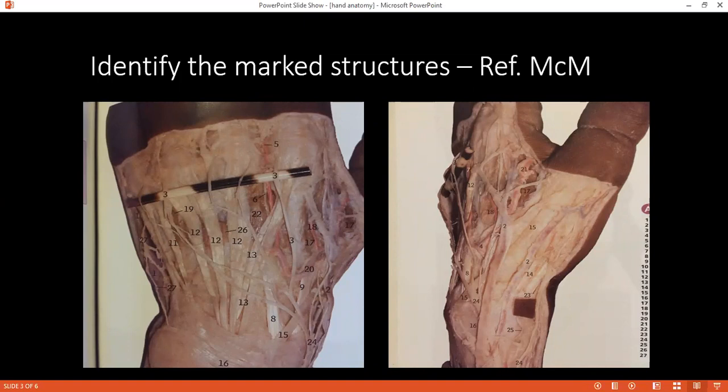And the roof is skin and superficial fascia. There are certain carpal bones in the floor: scaphoid and trapezium. What are the contents of the anatomical snuffbox? Radial artery and radial nerve.